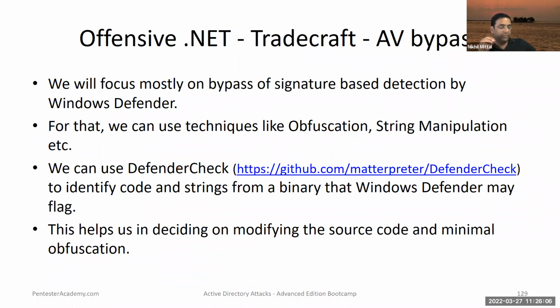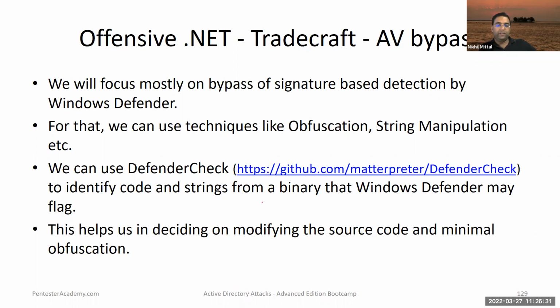So to bypass signature-based detections, we simply need to find out, and it is actually pretty simple, to be honest, what is the signature that a particular tool has, or what is the signature that, let's say, Windows Defender has for a particular tool that we need to change.